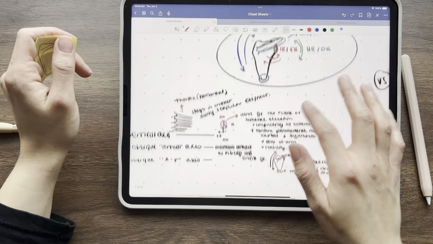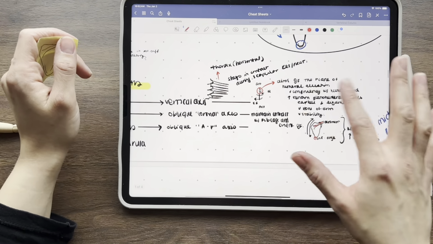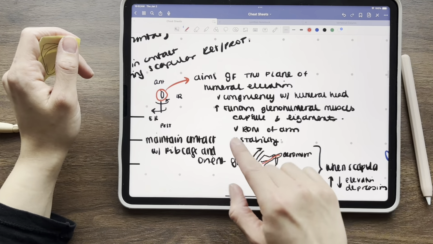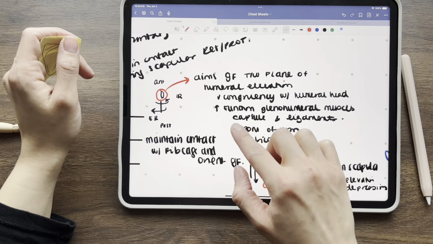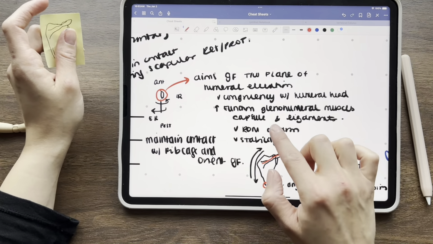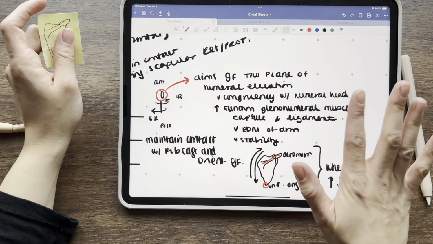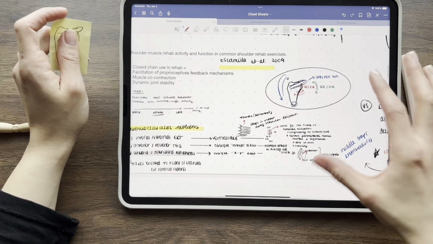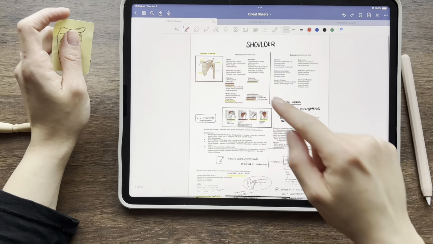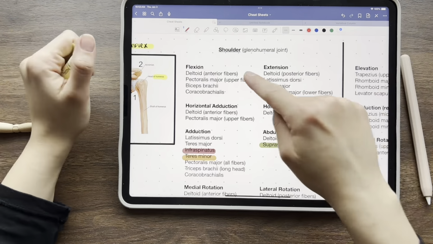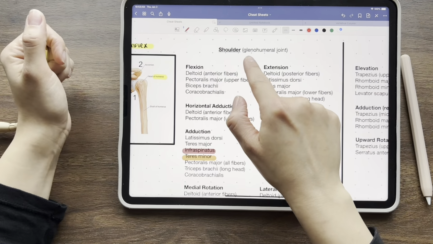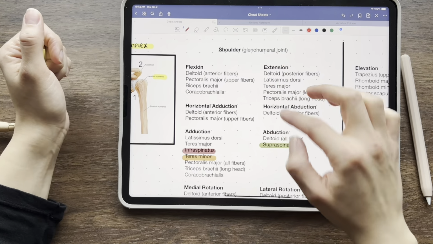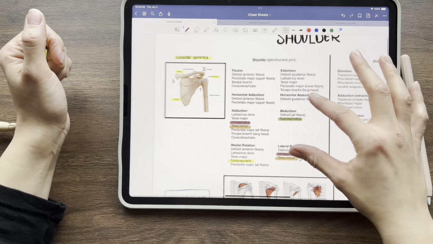Okay, let's say I'm going through my notes here, and then I read, these movements allow or maximize the function of the glenohumeral muscles. Okay, let's stop here. Do I know my muscles? And do I have that information here? Yes, I do. So at the shoulder, which is the glenohumeral joint, I've got all the muscles here.